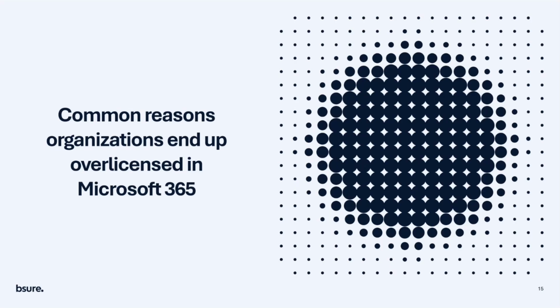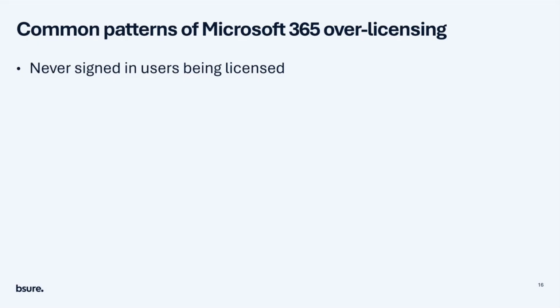We're going to look at the most common patterns of being over licensed in Microsoft 365. I'm going to list these, and we're going to talk about why it happens a little bit later. Users that have never signed in are being licensed. Believe it or not, it happens.